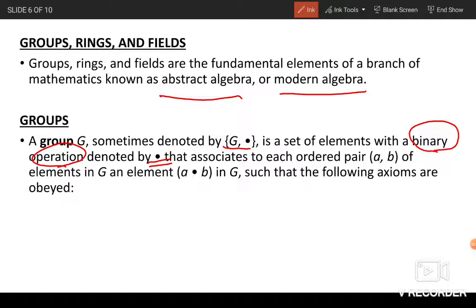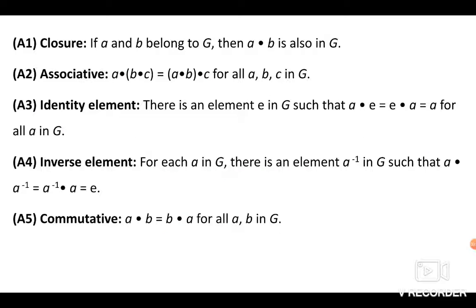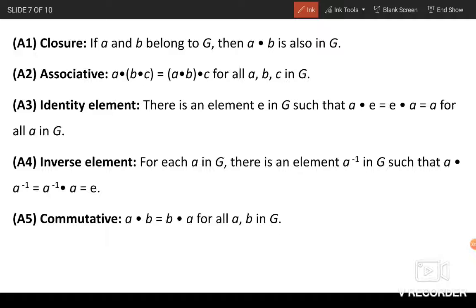That associates to each ordered pair of elements in G an element A dot B in G. So every element in the set is associated to A dot B. A and B are the elements in the set, and after applying the binary operation, the resultant element should satisfy the following axioms.